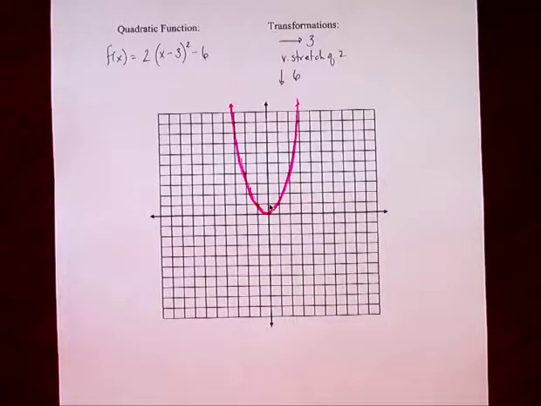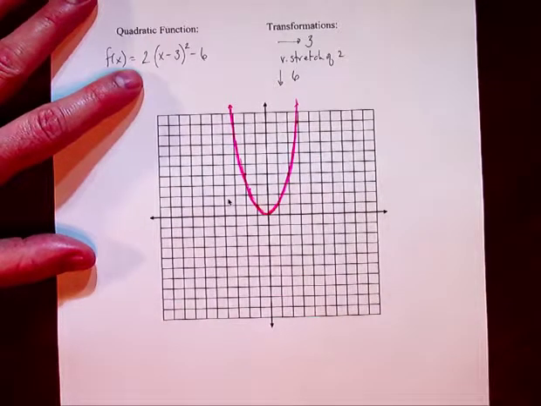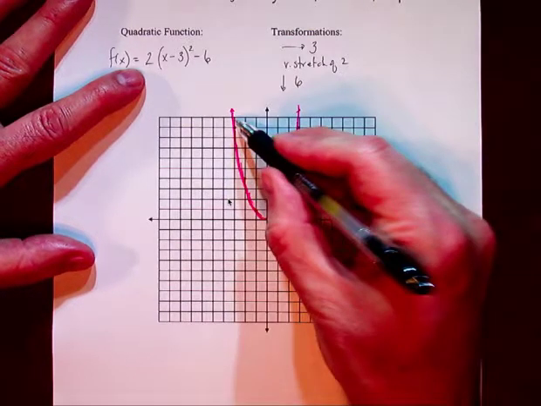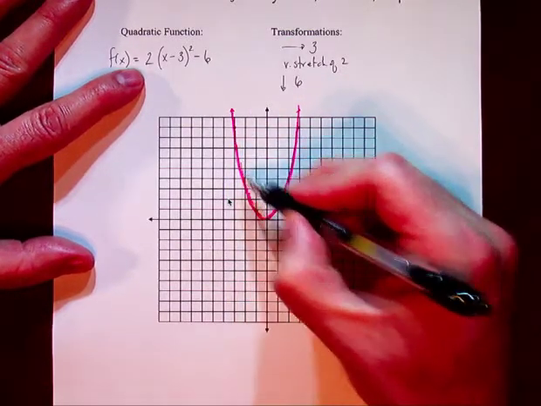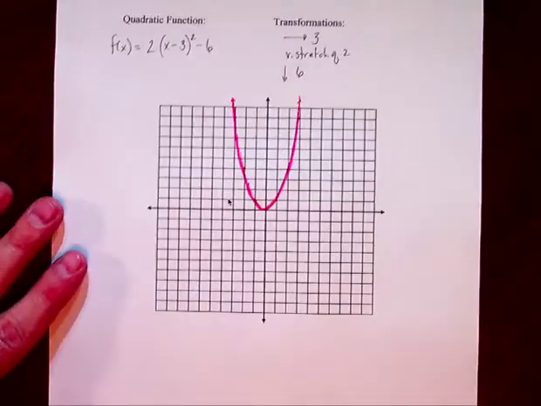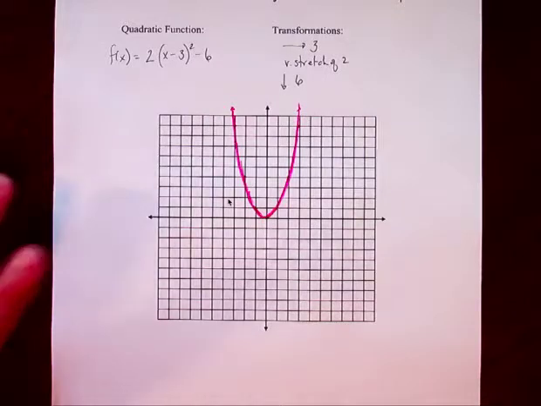And also doing it point by point reminds us that these equations are shorthand ways of expressing an infinite set of ordered pairs, right? This ordered pair and that ordered pair and that one, and the infinite number of ordered pairs, points that are on that curve.